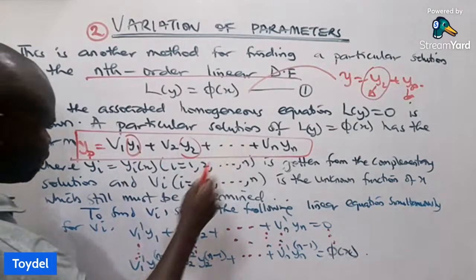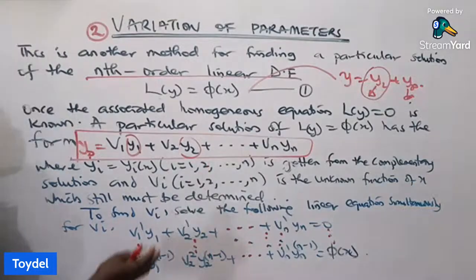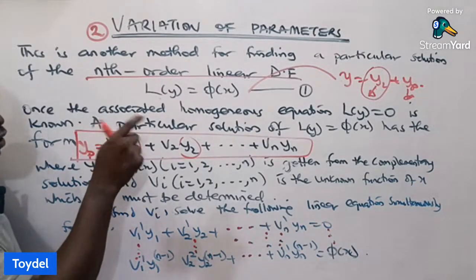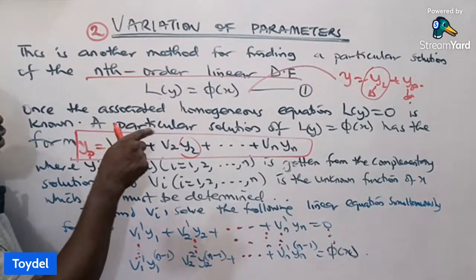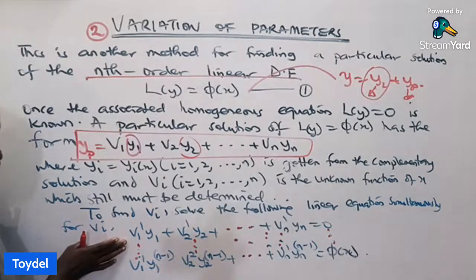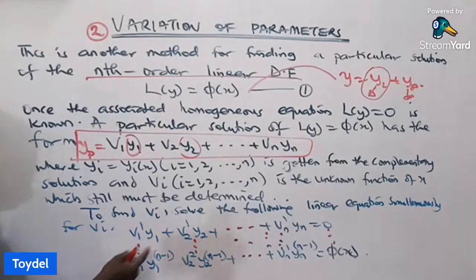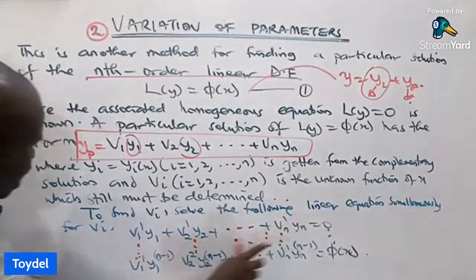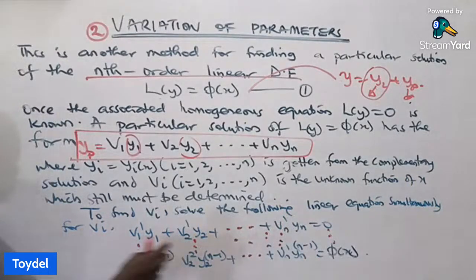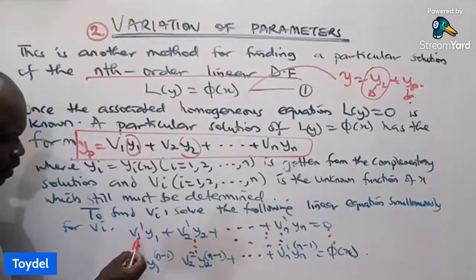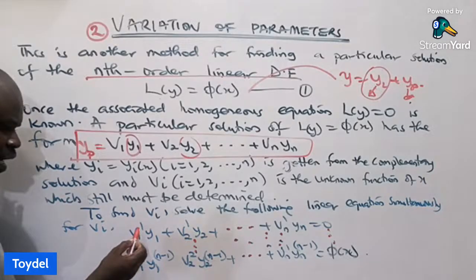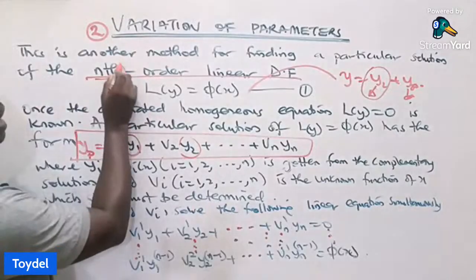Then what can be done? If we want to apply variation of parameters to the particular solution, we are going to rewrite what we are given in the form of linear equations, and we are going to solve them simultaneously. That is, we assume this to be v1 prime y1 plus v2 prime y2, depending on the order of the differential equation.